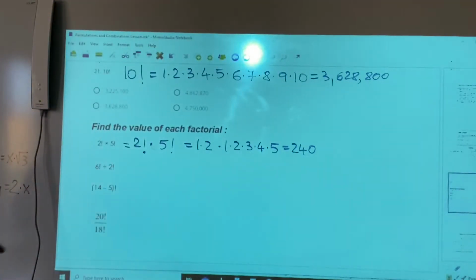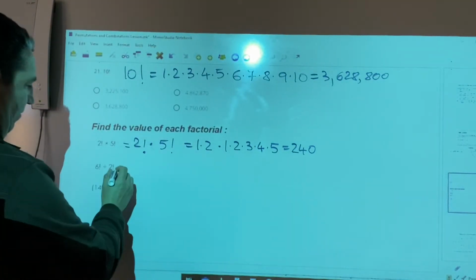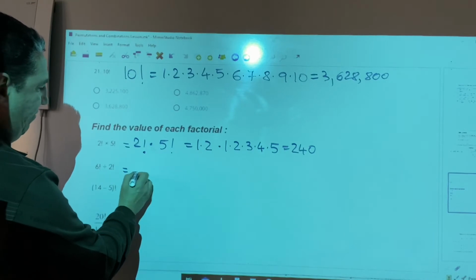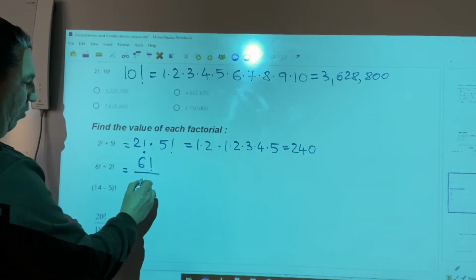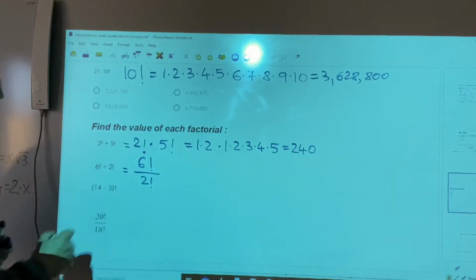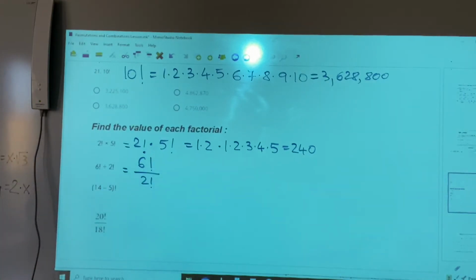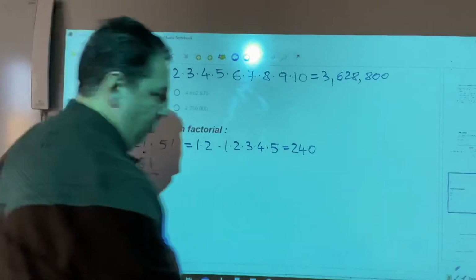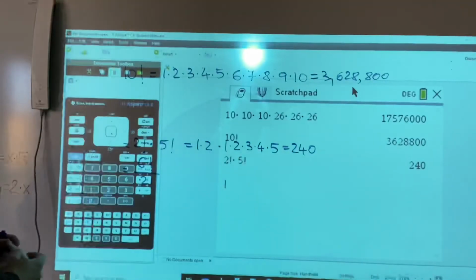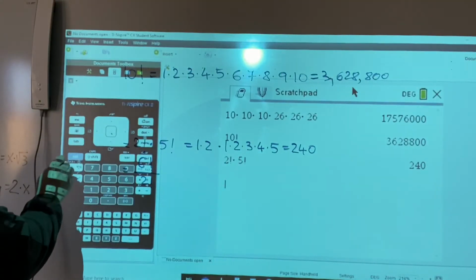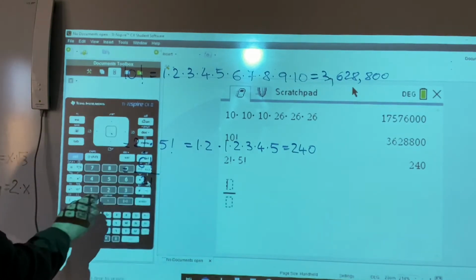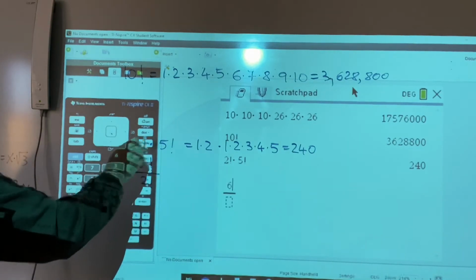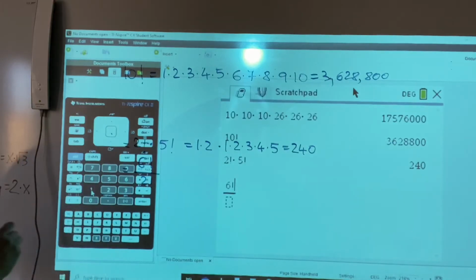Another example, in this case, we have a division, 6 factorial over 2 factorial. Again, we use the calculator. We press Control and divide. On top, we press 6, menu 5, 1.